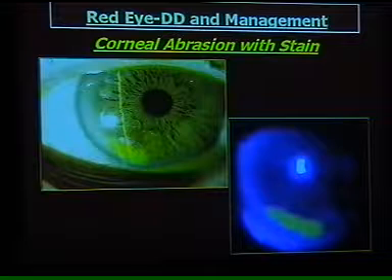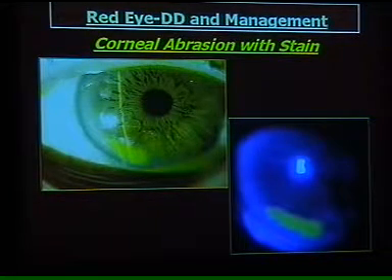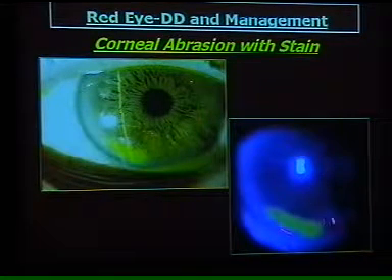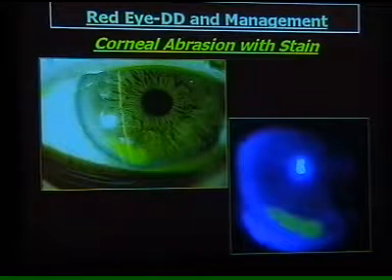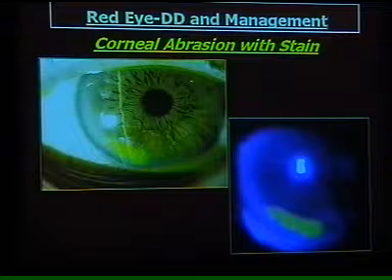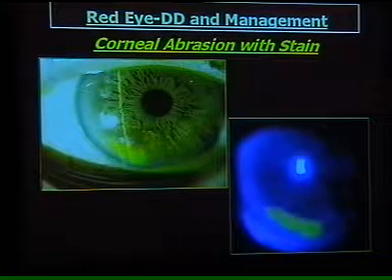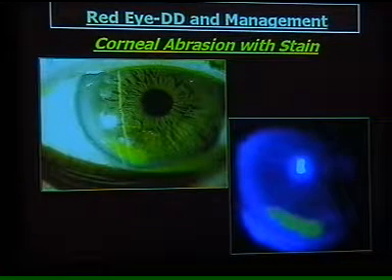We just put the strip in the eye for about 2-3 seconds. The eye secretions take up the dye, and if we use a blue light, we can see that the dye would be staining the defect. Now this defect is like a gutter. It is a defect in the continuity of the corneal epithelium. So if you know that there is a defect, you can properly manage it.